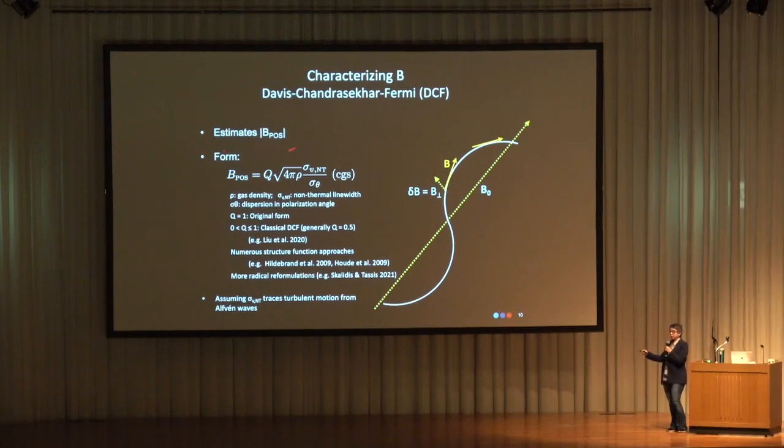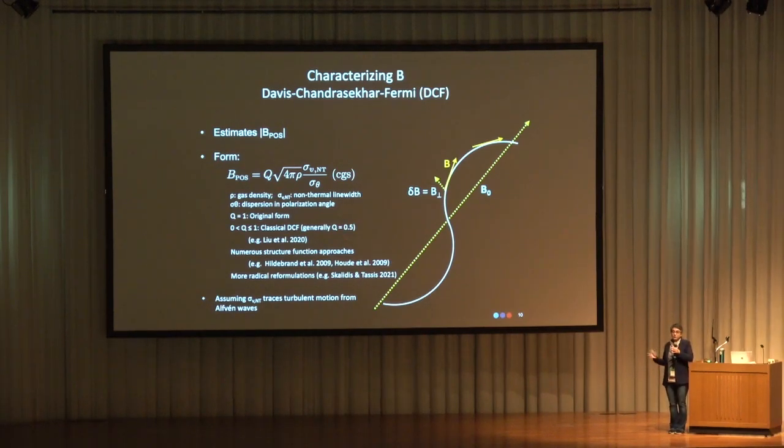The original form of DCF has Q equal to 1, which actually overestimates the magnetic fields. Because of this overestimation, there have been different approaches, models and studies trying to modify this equation further.